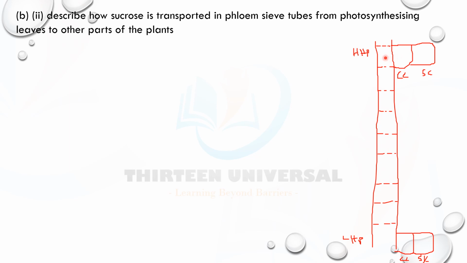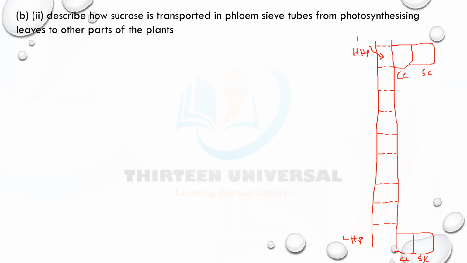Once it moves into the sieve tube element at the source, the water potential of that sieve tube element is lowered, and it becomes more negative, because sucrose is a solute.